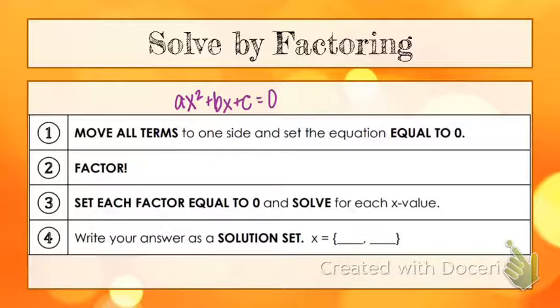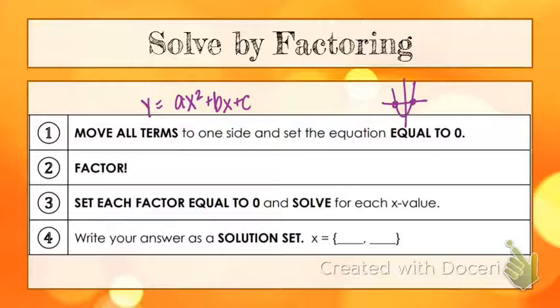If you remember, when we graphed equations, the solutions were the two places where our graph crossed the x-axis. Those are called x-intercepts. And so if our function was y equals ax squared plus bx plus c, how do you calculate an x-intercept?